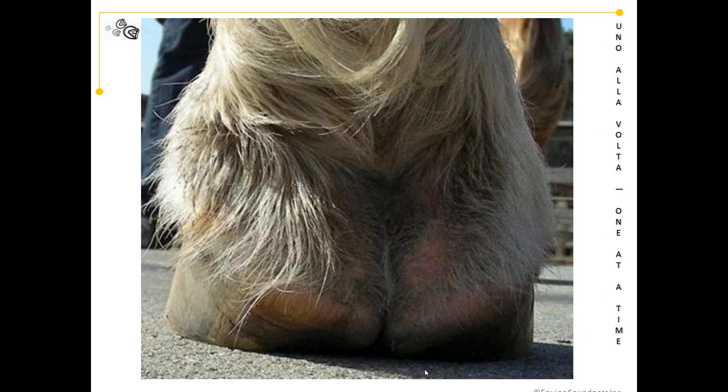Also look at the hoof from the back when it is standing on the ground, and look how the heel bulbs are shaped, how they are coming in here, where the weight-bearing point is. Not so easy to see in this hoof.